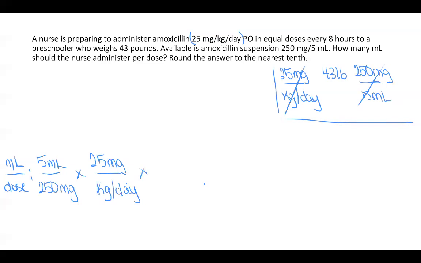Now the problem says I have kilograms here. I need kilograms here. Let's come up to our box. Surprise, surprise, we don't have kilograms. We only have pounds, but we know that 1 kilogram is equal to 2.2 pounds. So we're going to plug that in. 1 kilogram over 2.2 pounds.